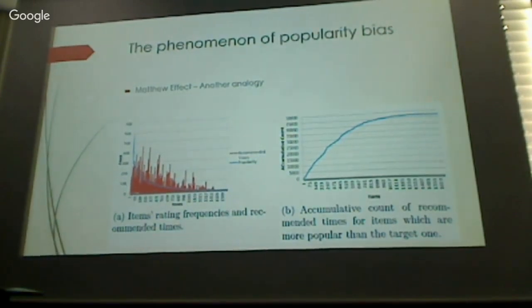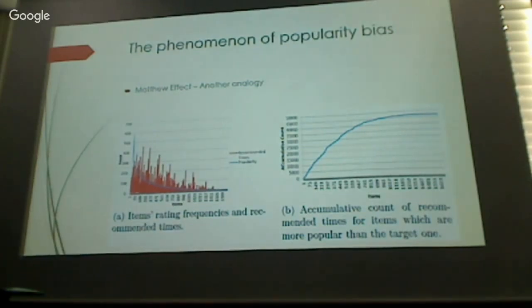You can see in the beginning that those items that are more popular are recommended. Their recommended times is way bigger, and as you go down, as the popularity decreases, so does the recommended times. And on the right hand side, we have the accumulative count of recommended times for items which are more popular than the target one.